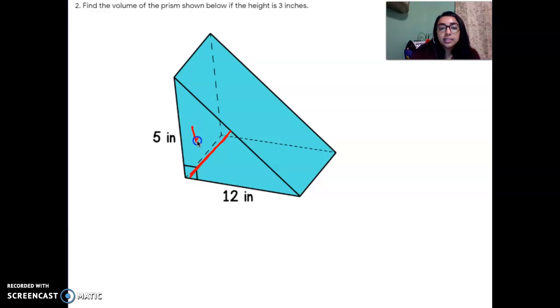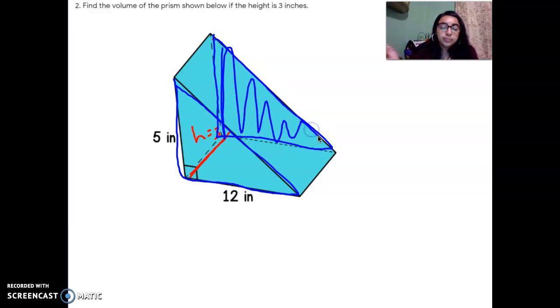This prism doesn't tell me what it is, but I know that this rectangle and this rectangle touch, so those can't be my bases. That rectangle and this rectangle touch, so those can't be my bases. So the only thing that can be my bases are my triangles, because they're directly opposite from one another and they won't touch.